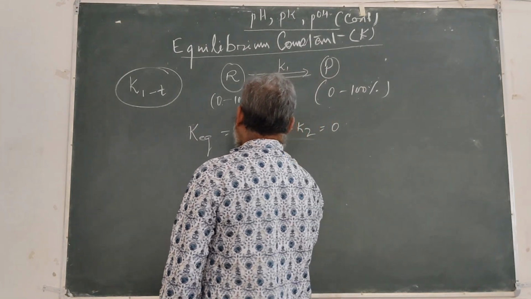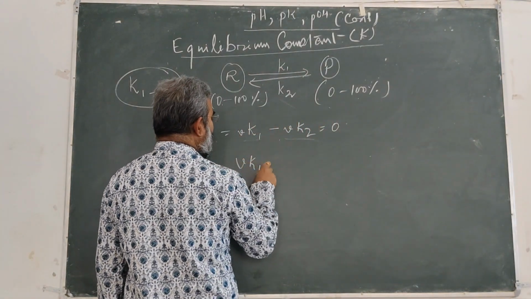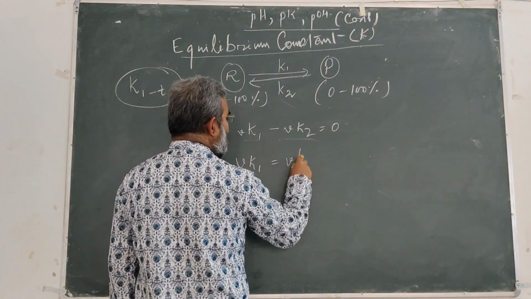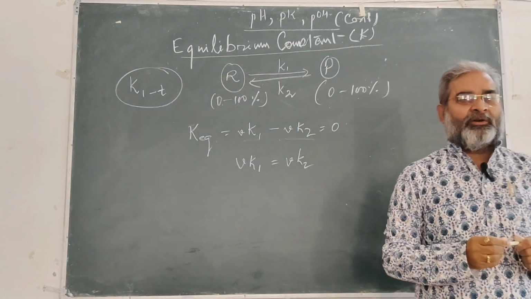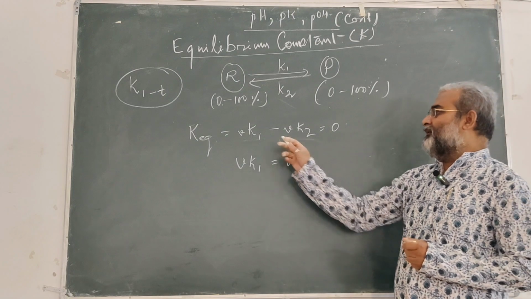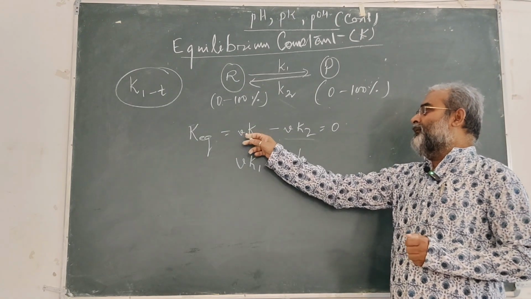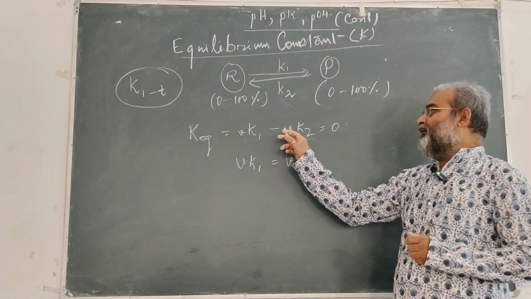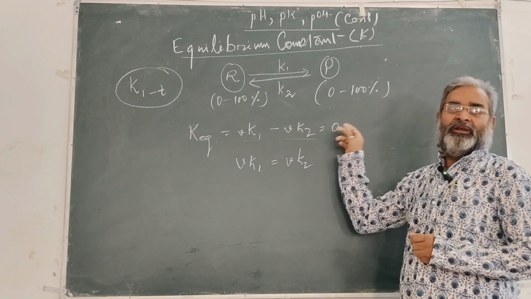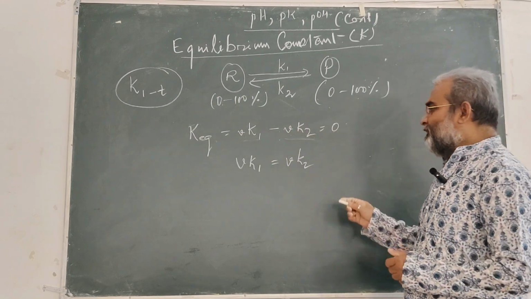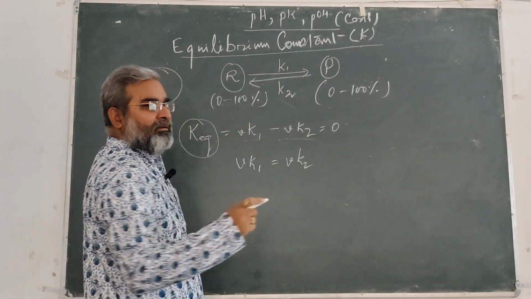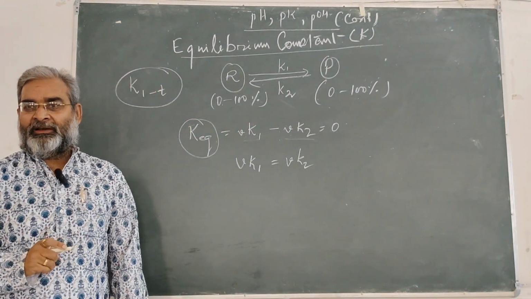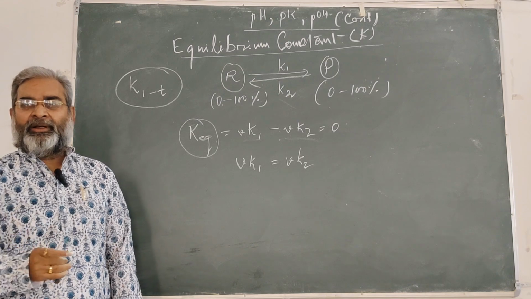It represents that the rate of K1 is equivalent to the rate of K2. That means at the equilibrium, rate of K1 minus rate of K2 is equal to 0. Clear? यहाँ पे कोई प्रॉब्लम नहीं है.